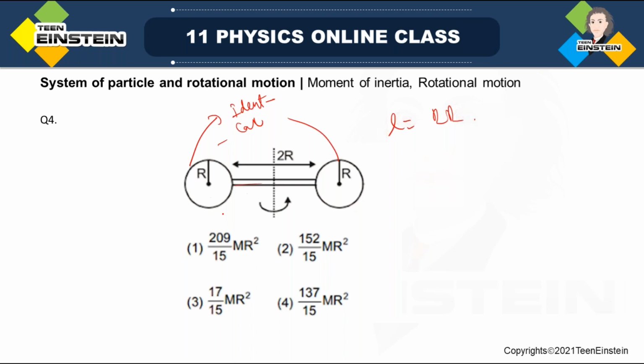So these are spheres, identical spheres actually. So a sphere will have moment of inertia about its own axis, for both sides.